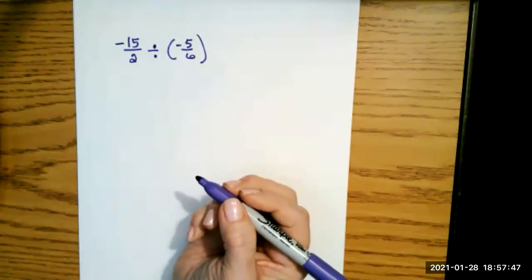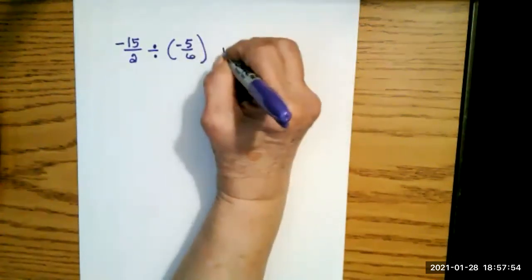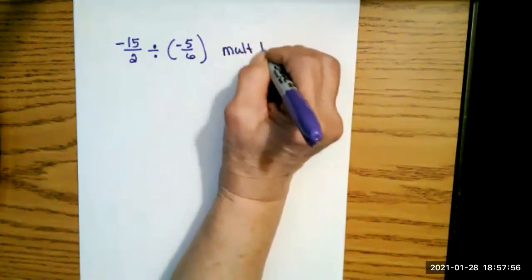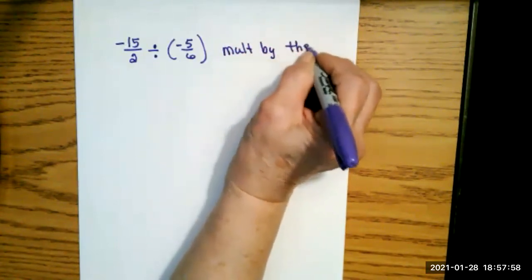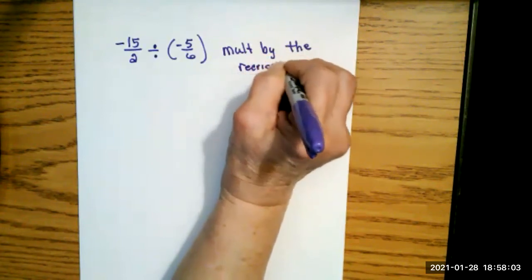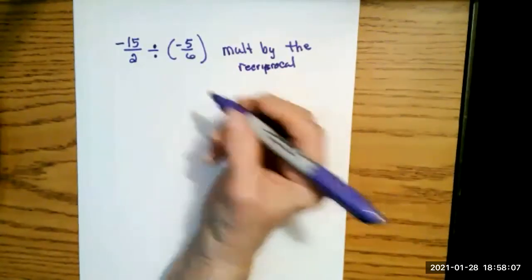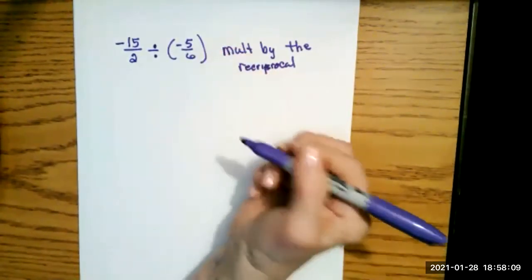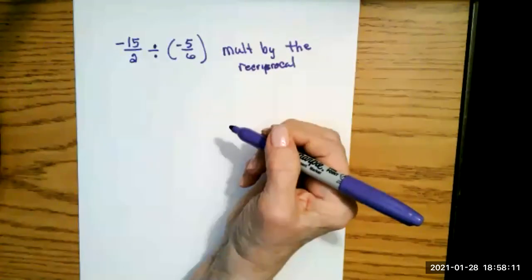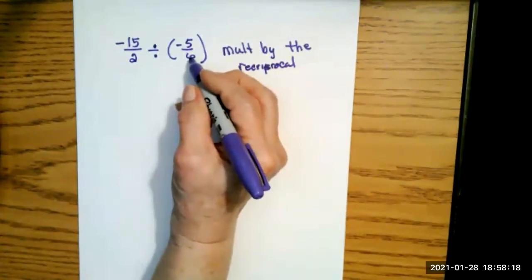Negative 15/2 divided by negative 5/6. These are fractions. And the rule when you divide fractions is to multiply by the reciprocal. What is the reciprocal? It's the opposite. It's not really the opposite, because the opposite of negative 5/6 would be positive 5/6.